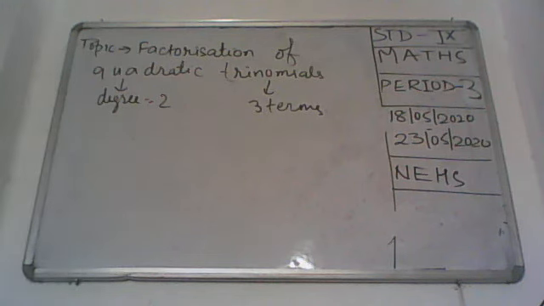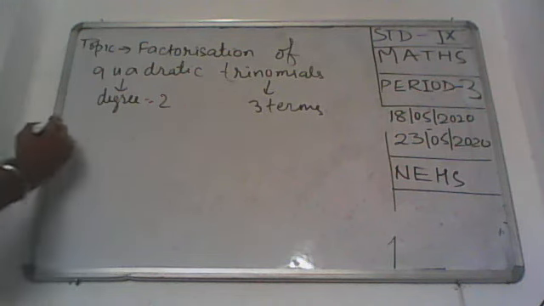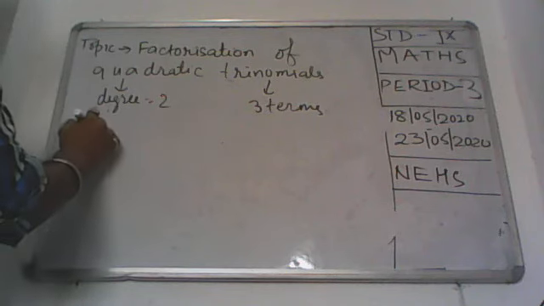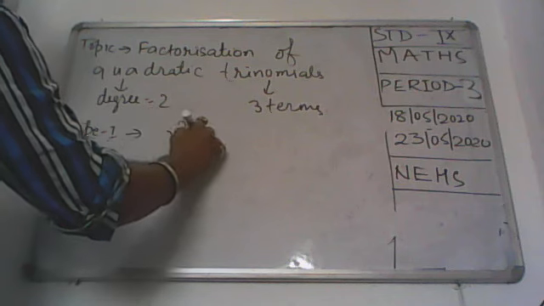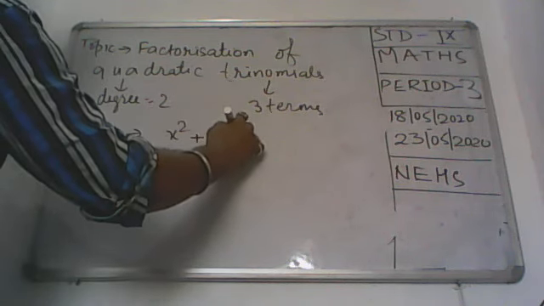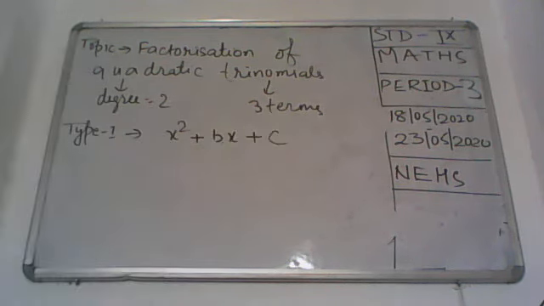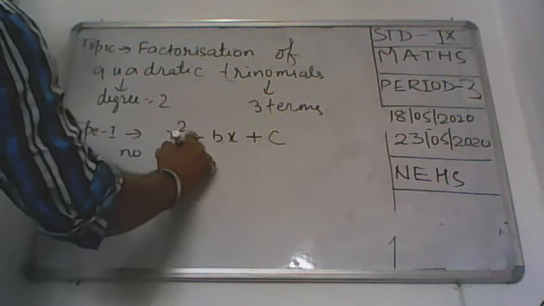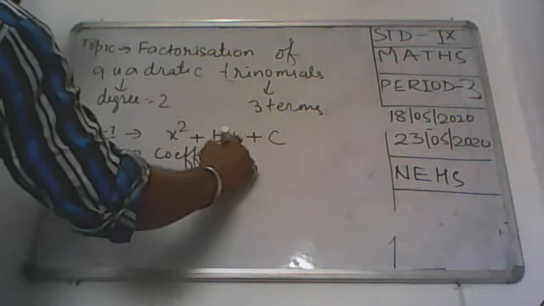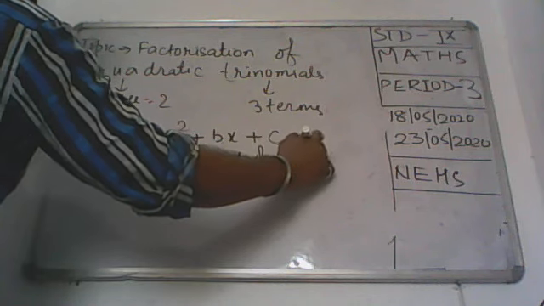So what types are there? There are 2 types mainly. Type 1: it may be like this, x square plus bx plus c. Here there is no coefficient of x square.